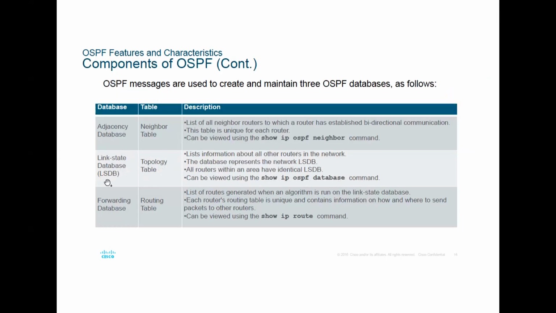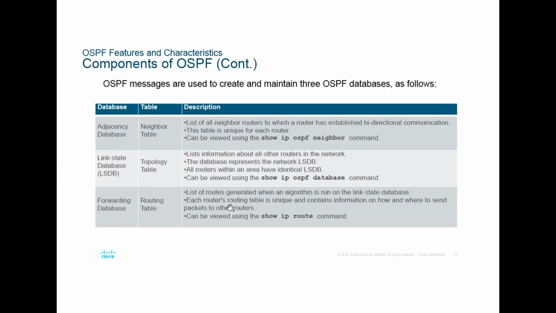Okay, the third one, the forwarding database. In here, there is information from the routing table. It contains a list of routes generated when an algorithm is run on the link state database.